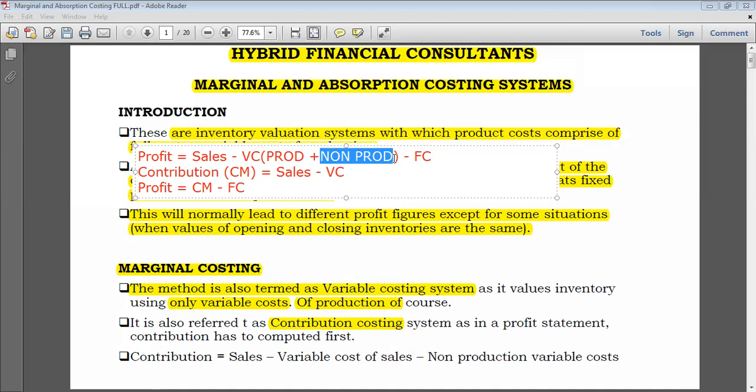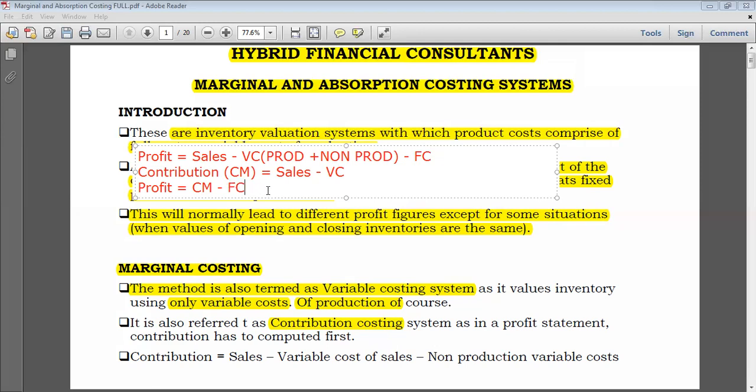So make a clear separation between the variable costs, those for production which form cost of sales, and the rest. Then combine them to have total variable cost, the total of which is subtracted from sales to arrive at the contribution margin. About fixed costs, do not worry at all. Just subtract all fixed costs as you see fit. No need to contemplate on anything.